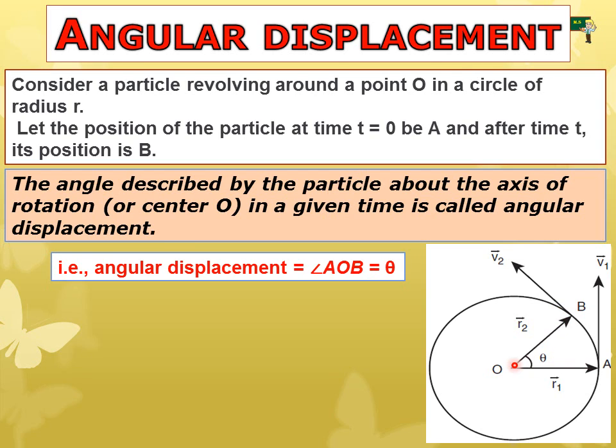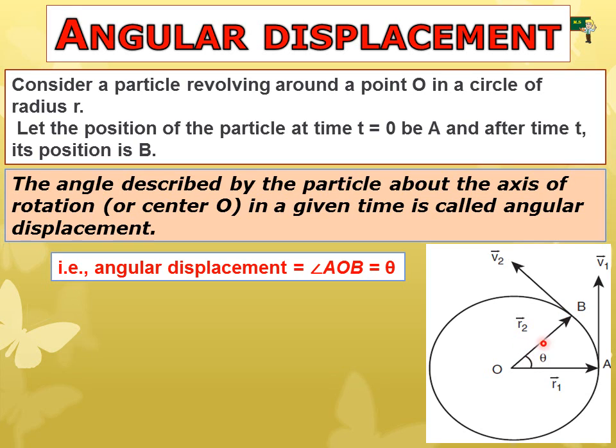Let the position of the particle at time t equal to 0 be A, and after time t its position is at B. The angle described by the particle about the axis of rotation or the center in a given time is called angular displacement.